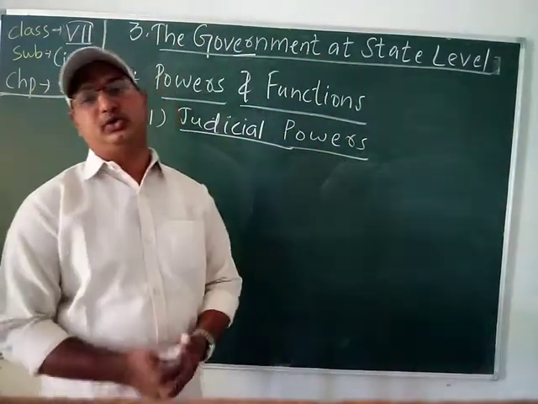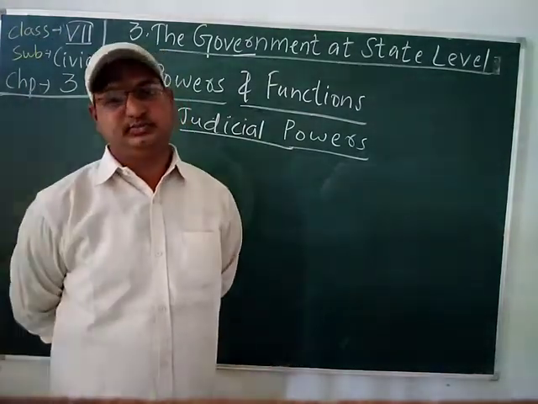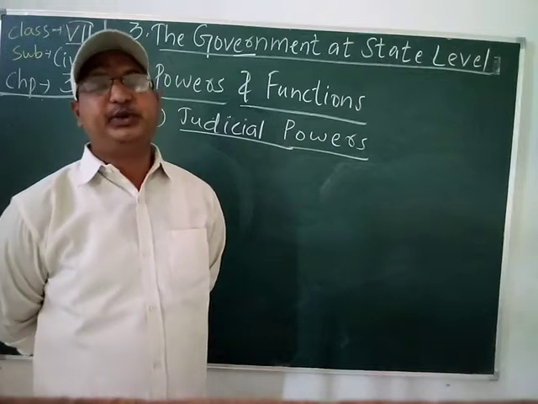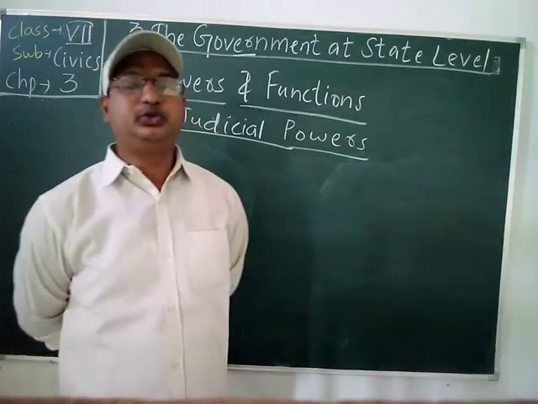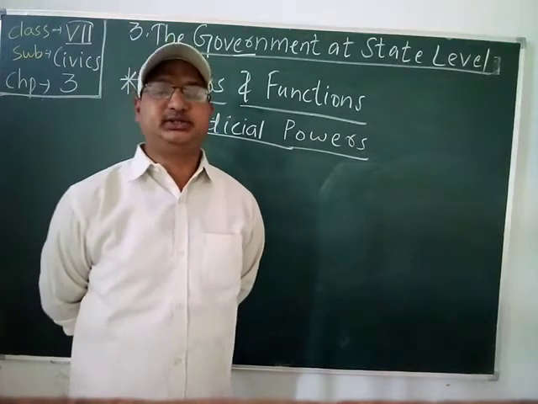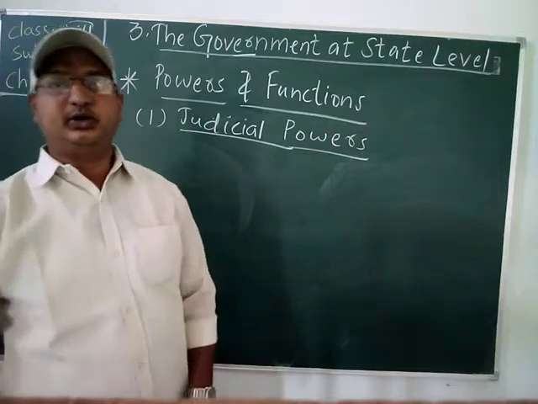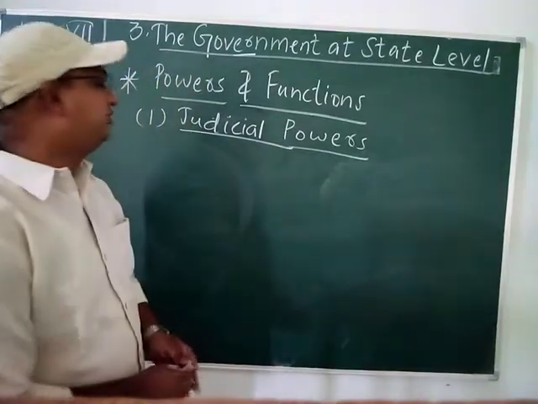He has the power to change their sentence. Rigorous imprisonment is also changed from many years to less years, and the power remains with the governor of the state. Then students, the last one is the financial powers.